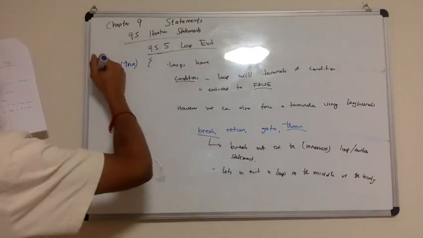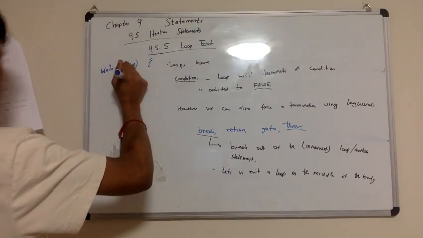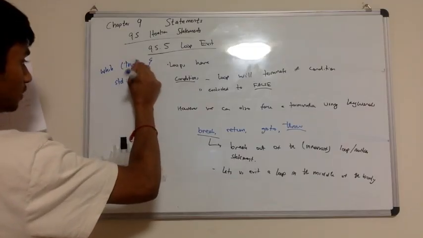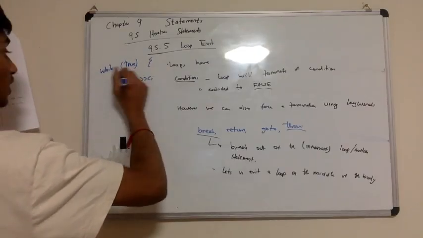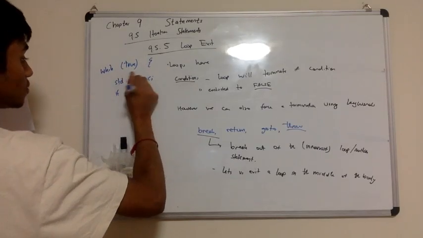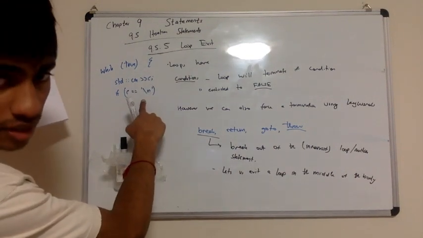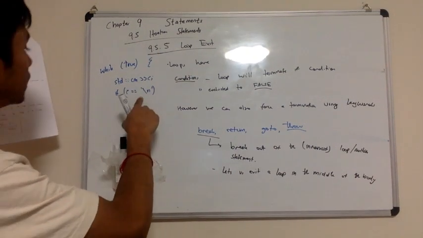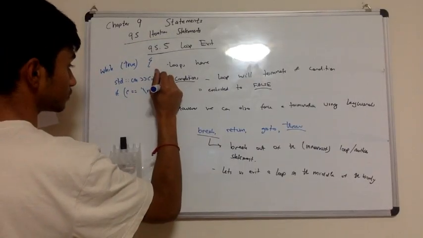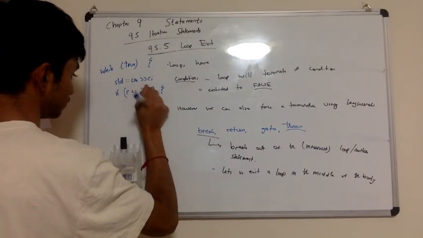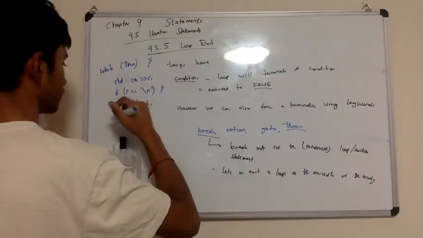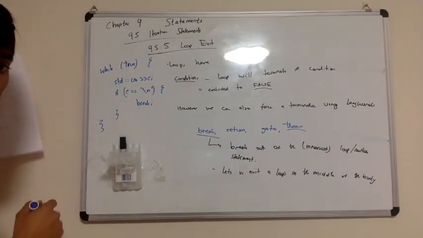But I'm taking standard input, std::cin, plugging it into some character c. But if c is equal to the new line, which I write like this, \n means new line, like I hit the enter key, then we can break.